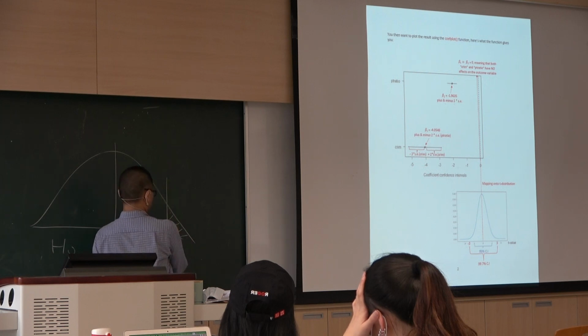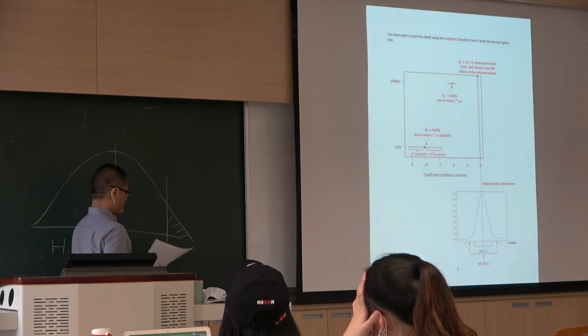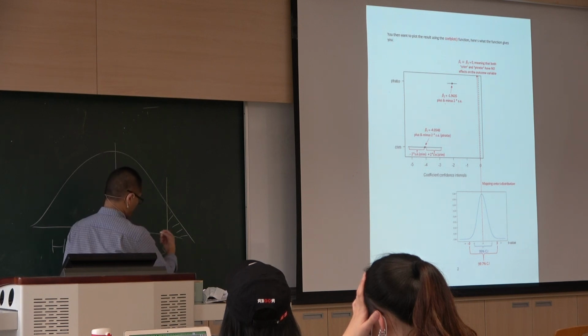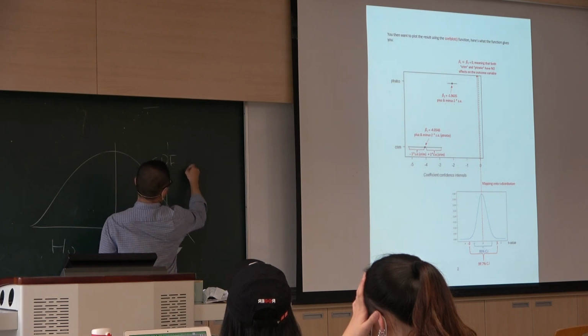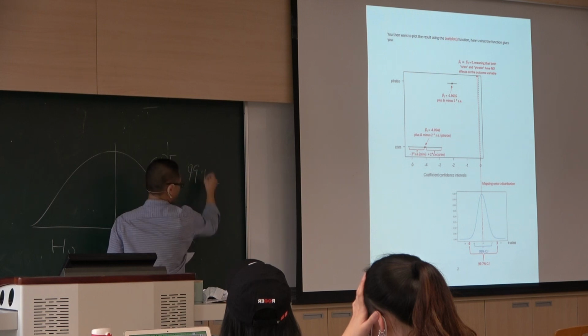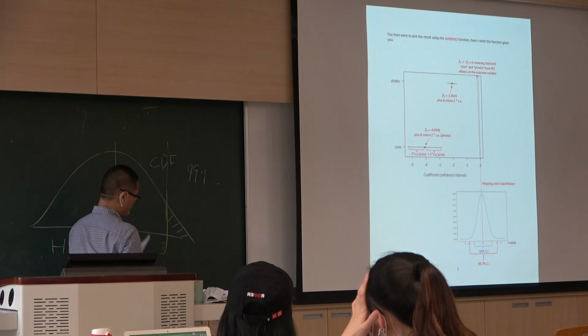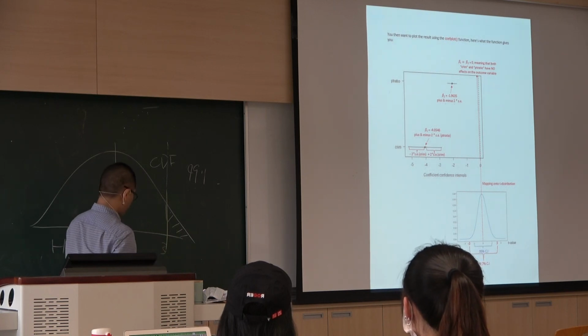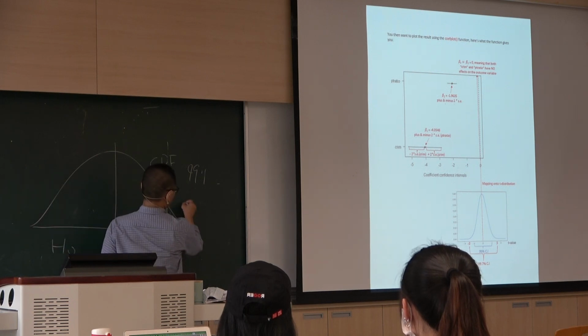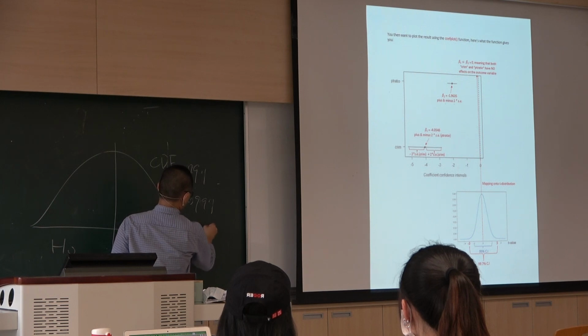So if I really get a very extreme value, right, that is extremely skewed to the right, and have the cumulative distribution function right here, it's already like 99.7 something, right? So the probability that I will get this by chance under the null hypothesis that there's no relationship between y and x is simply 1 minus the cumulative distribution.